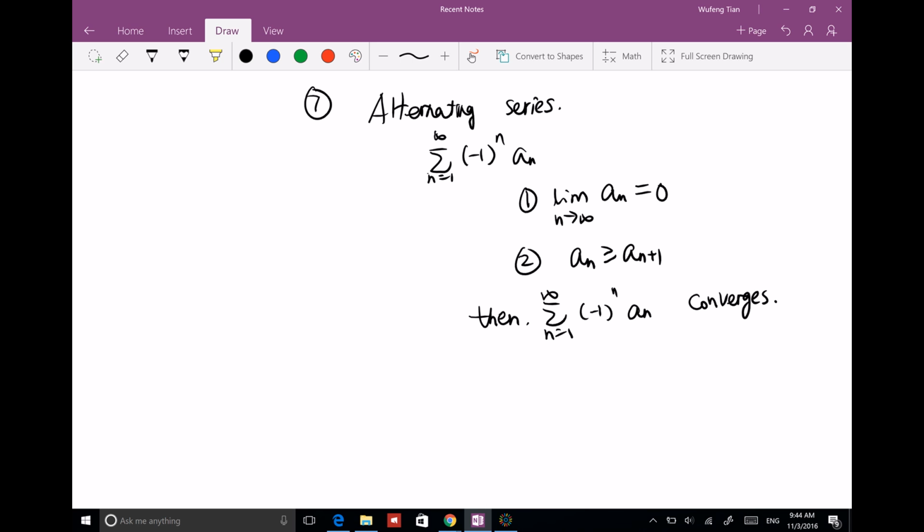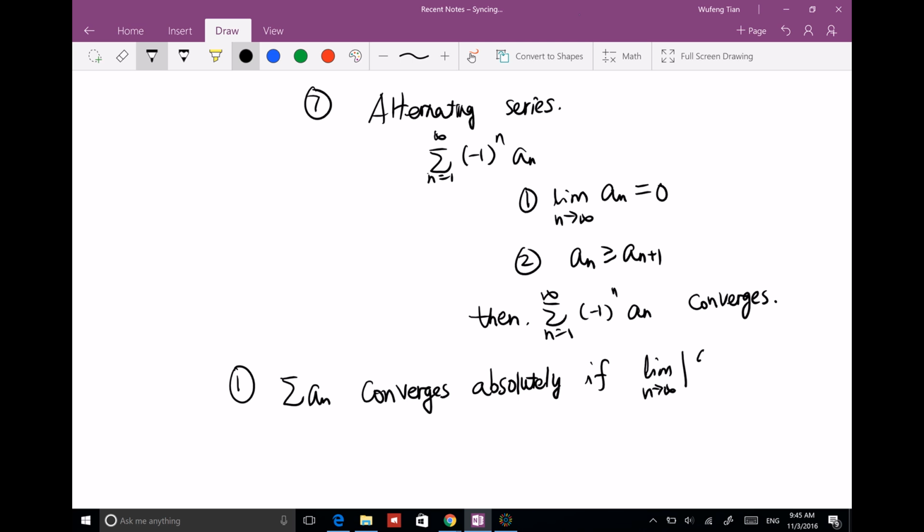Alright, so next we're going to see the ratio test. What is the ratio test? The ratio test is: the series a_n converges absolutely if the limit as n goes to infinity of a_{n+1} over a_n is less than 1.